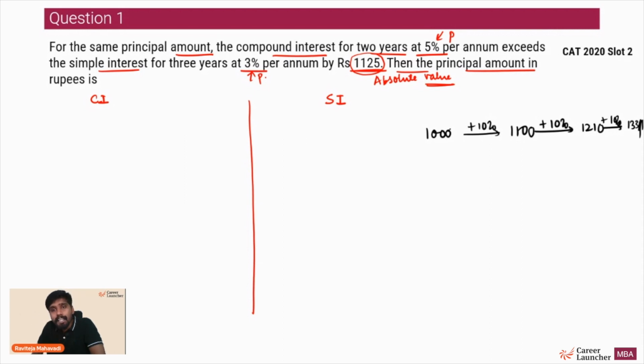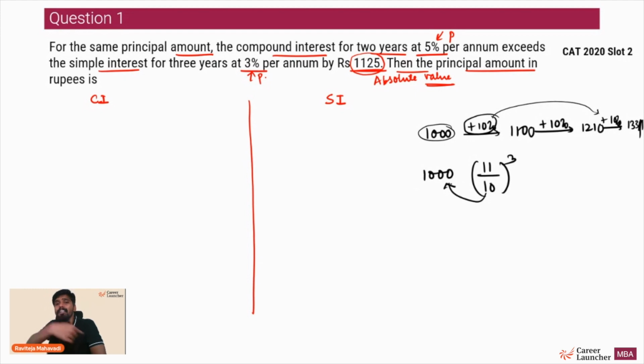Right? So I'll take the principal as 100 or 1000 or 10,000 depending on what the multiplication factor involved is. For example, for a 10% growth for 3 years, the multiplication factor involved is 11 by 10 whole cube. So I'll take the principal to be a multiple of 10 cube to get everything cancelled off.